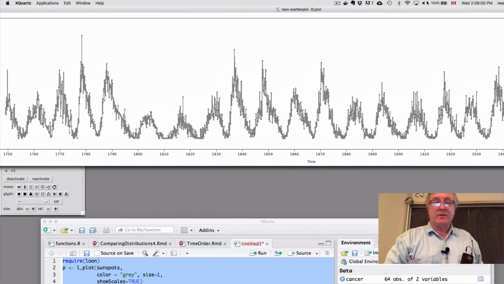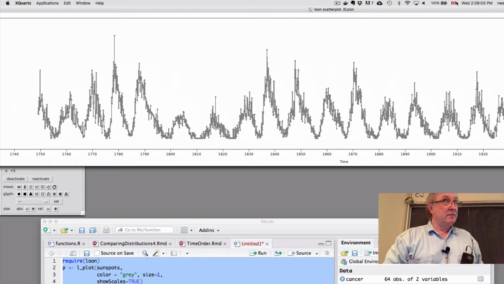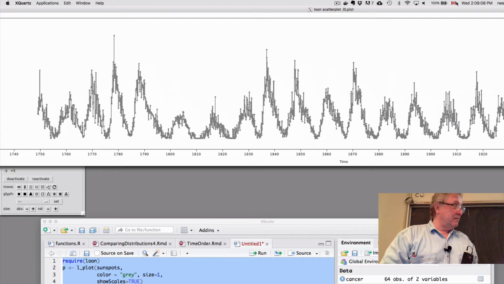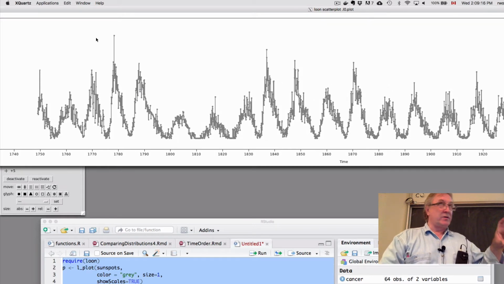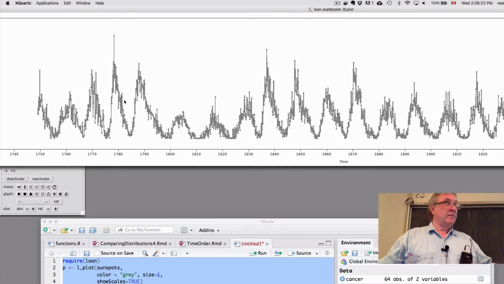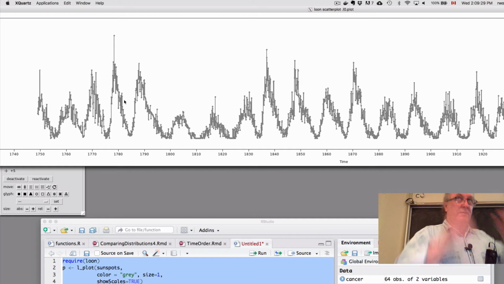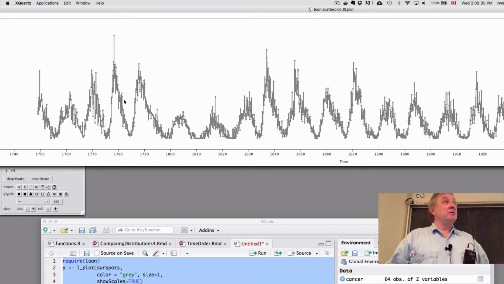Anybody have a name for what I'm doing? Anybody have a TV or computer screen? Yeah? It's the aspect ratio, right? That's what I'm changing. I'm changing the aspect ratio, the actual physical size of the vertical compared to the physical size of the width. So you'll see different things as that aspect ratio changes. It's really, really important that you don't just plot something and look at it. You've got to change the aspect ratio.